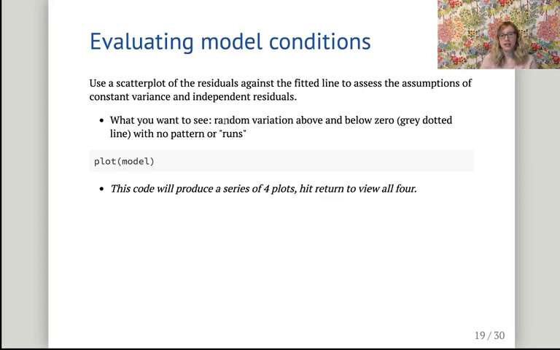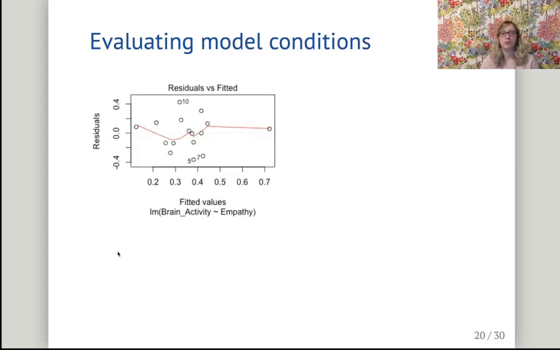Here's what you want to see: random variation above and below 0, a gray dotted line, essentially with no patterns or runs. To evaluate these, we'll use the function plot, so we'll just make a plot of our model. This code actually produces 4 plots. We only care about the first 2, so that's all we'll be using.